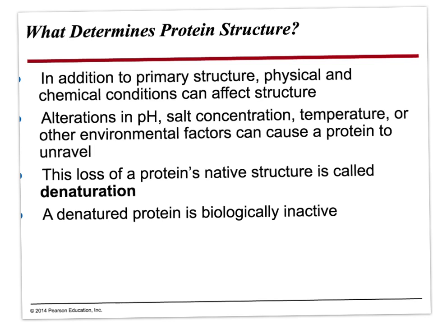So if I have an enzyme, I heat it up, I'm going to denature it, and now it's not going to work as well or at all. Is this good or bad for cells? Not good, right? Is it something that cells should have a mechanism to prevent?